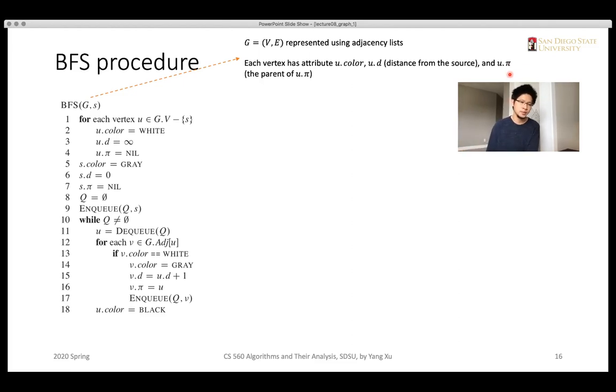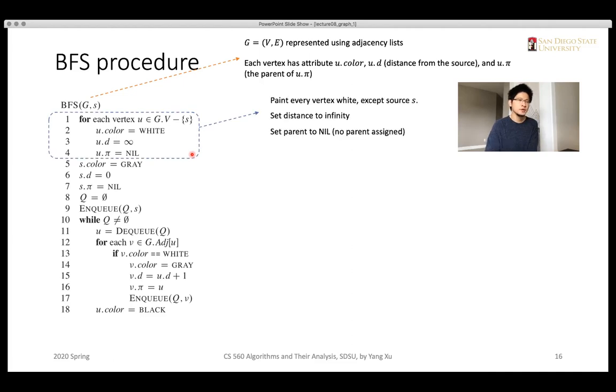within the BFS tree. The main body of the procedure consists of a for loop at the beginning and a while loop at the end. Within the while loop, there's also another for loop. The function of this first for loop is simply to initialize everything.